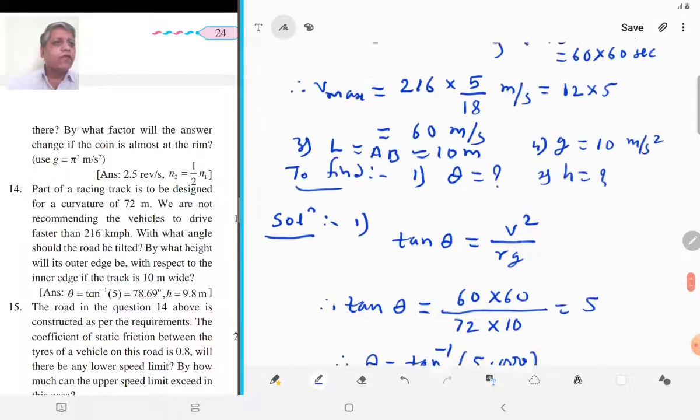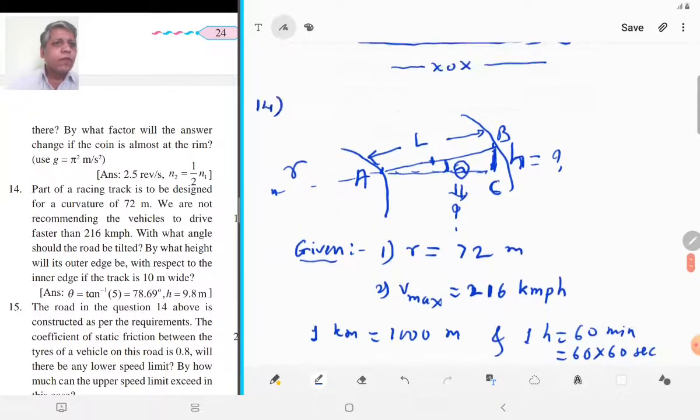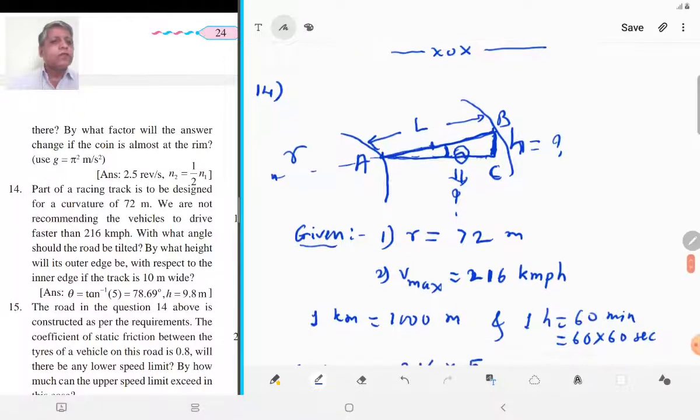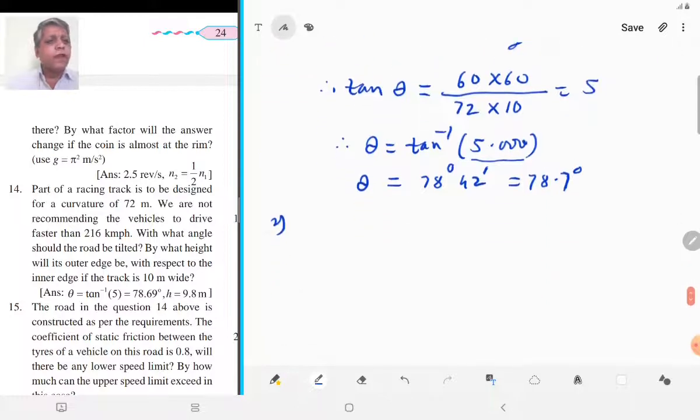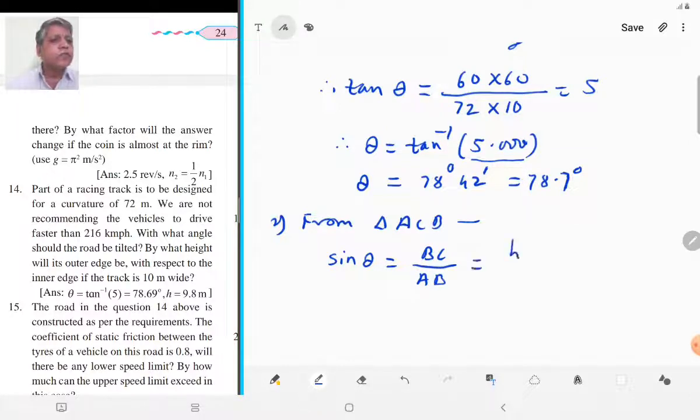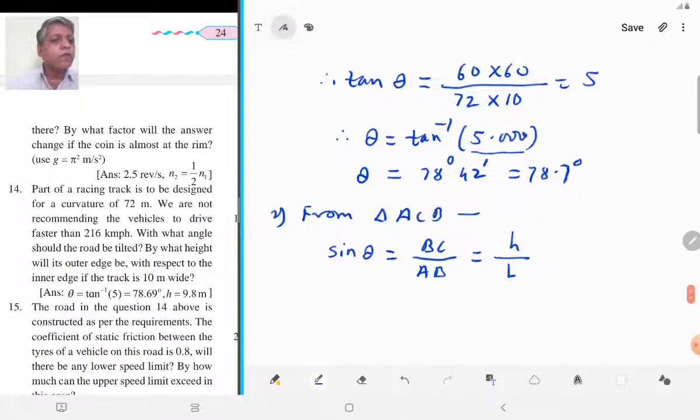Now, from this right angle triangle ACB, sin theta is equal to H upon L. BC upon AB. BC is equal to H and AB is equal to L. Therefore, that is equal to H upon L.